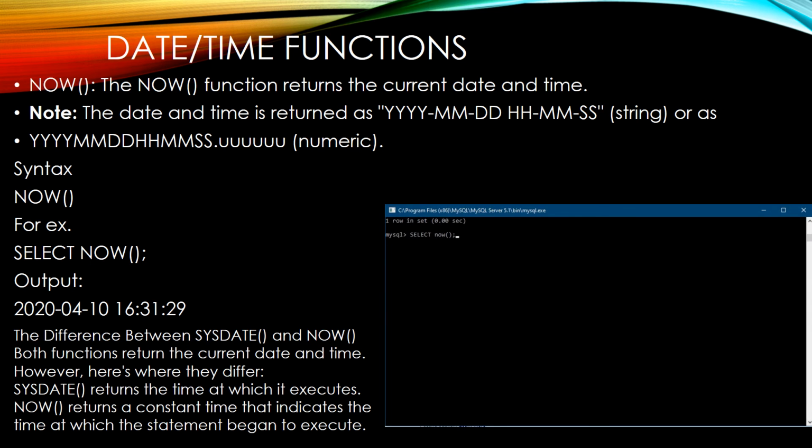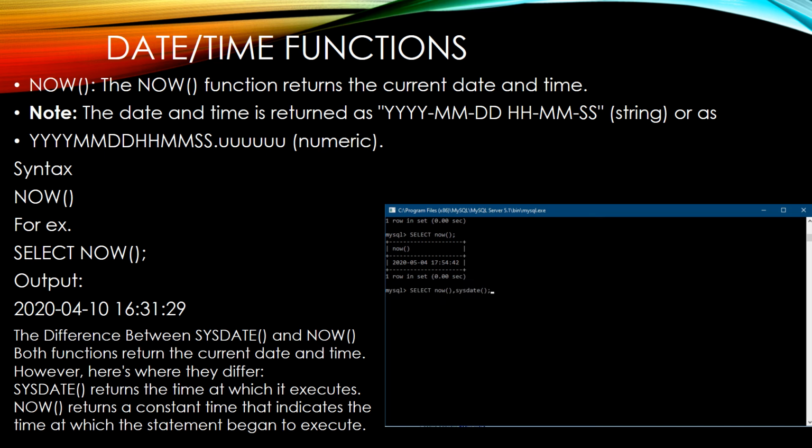Now the now function is also doing the same task as the sysdate function. Only the difference is the now function will return the time at which the statement or function began to execute. You can check the time.